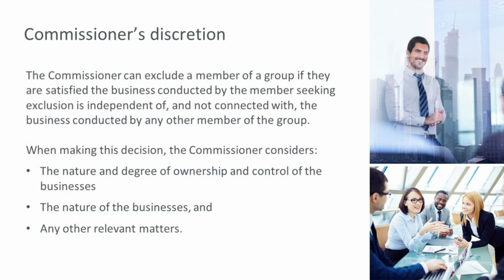The Commissioner can exclude a member of these groups if they are satisfied the business conducted by the member seeking exclusion is independent of and not connected with the business conducted by any other member of the group. When making this decision, the Commissioner considers the nature and degree of ownership and control of the businesses, the nature of the businesses, and any other relevant matters.